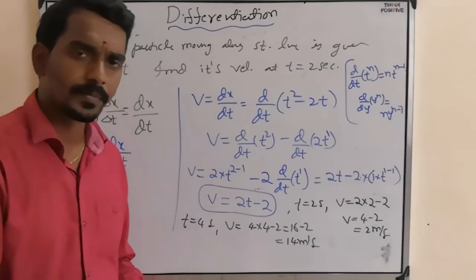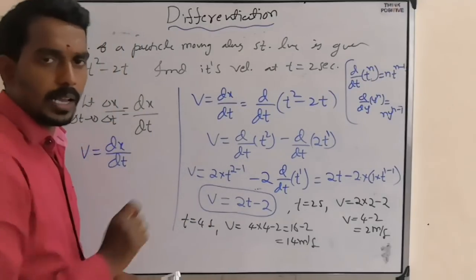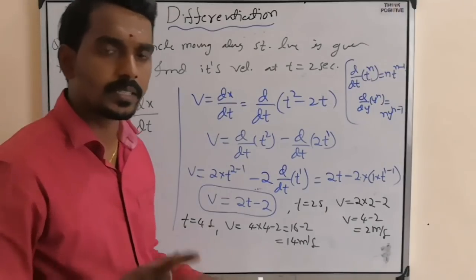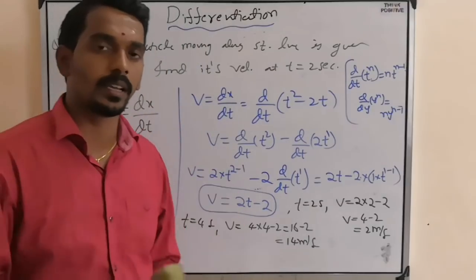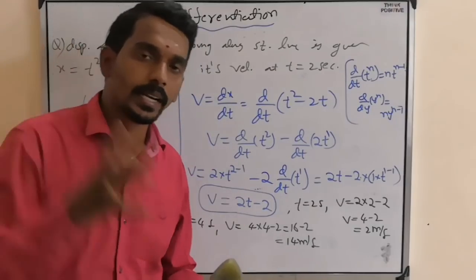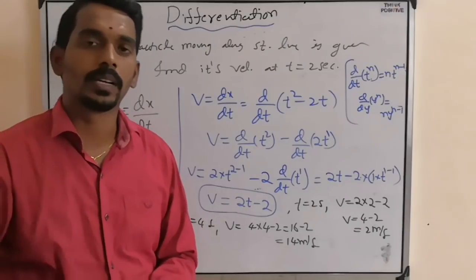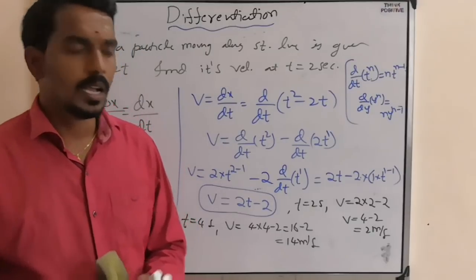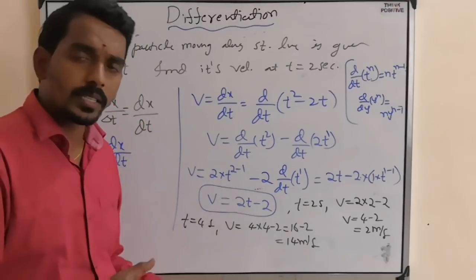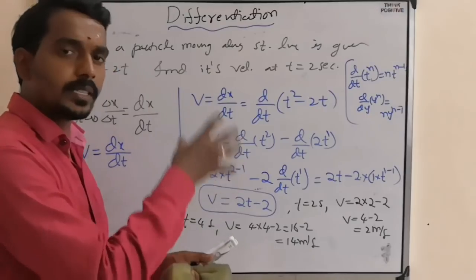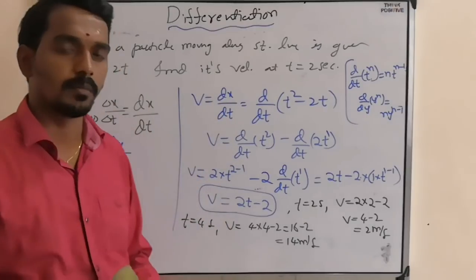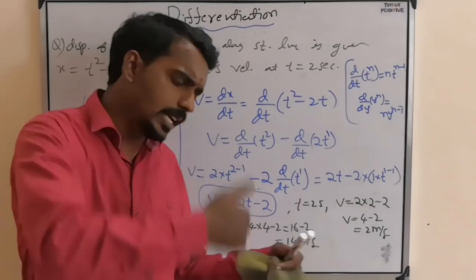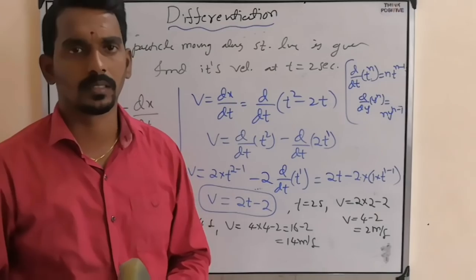So this way, one example I have given, but this instantaneous velocity, instantaneous speed, instantaneous acceleration, everything you will discuss again in detail in the kinematics chapter, the next chapter after units and dimensions. But here, to make you understand the importance of differentiation in physics, I have given this example. So between two instants, average. At any one instant, instantaneous.